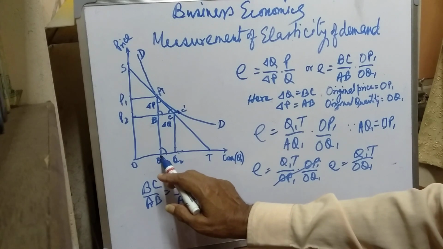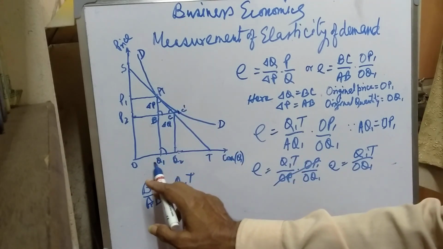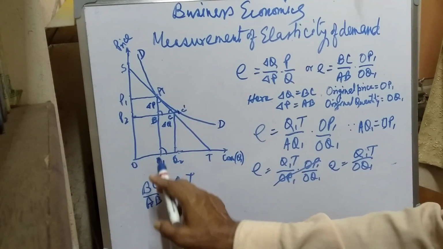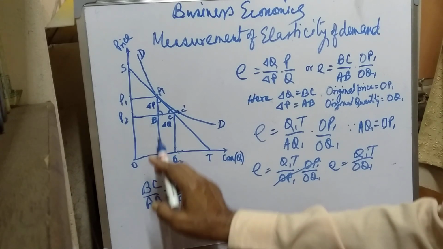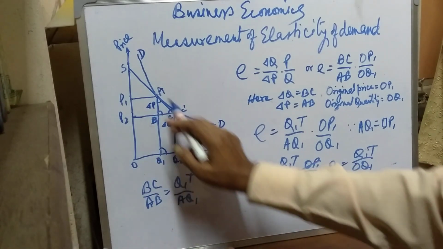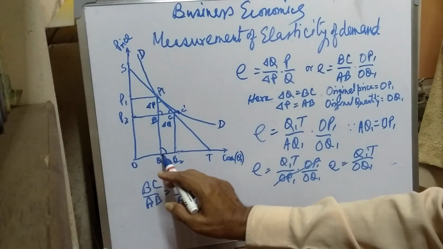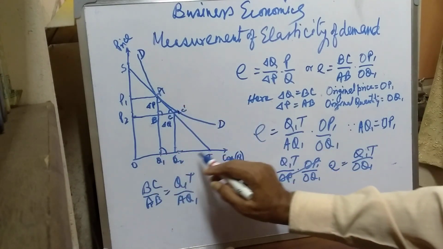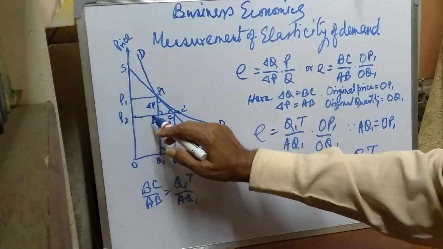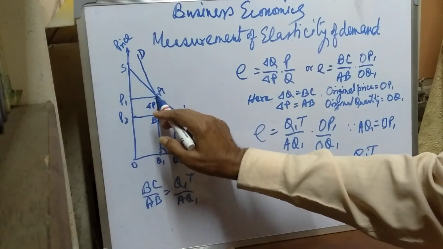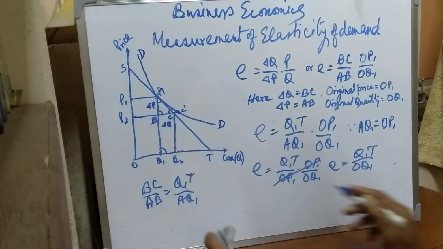So here if we draw a perpendicular from the base point Q1, it will bisect the hypotenuse as it bisects the base. Now we get two triangles, AQ1T and SP1A.